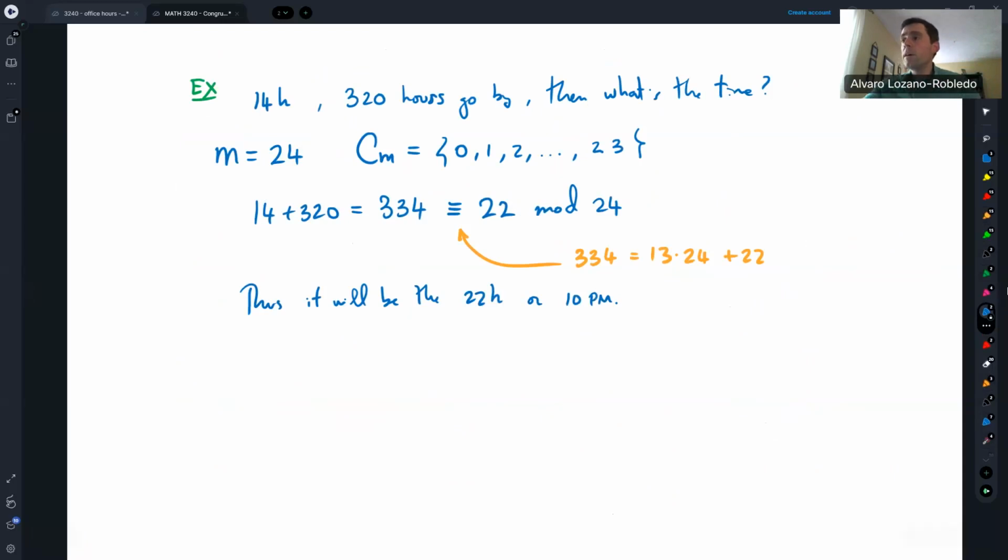Okay. All right. The last thing I want to talk about is that here we had before all the residue classes when m is 7. Every number falls under one of these residue classes.